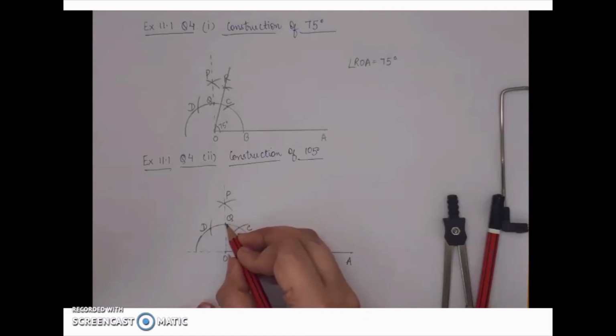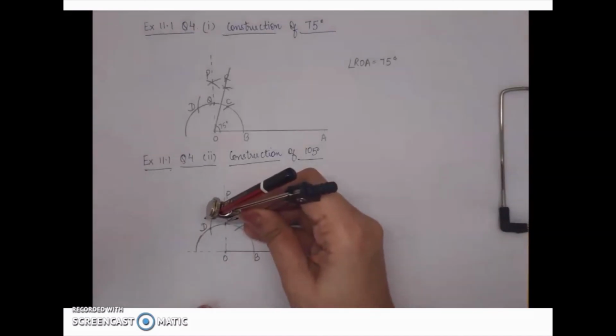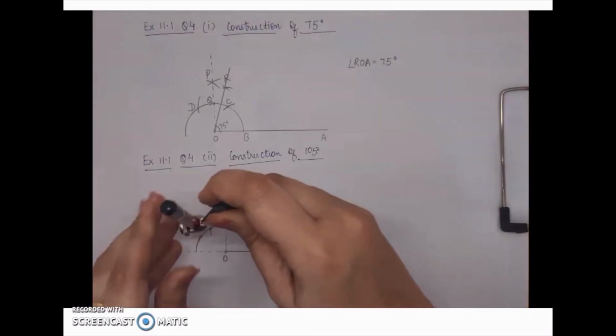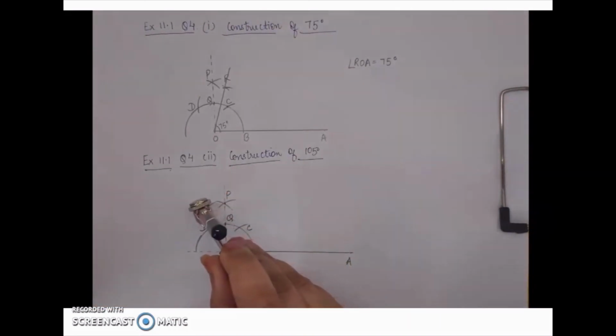Now you have to bisect DQ to get 105 degree. That is 105 will come exactly in the middle of 120 and 90. So you will bisect DQ.